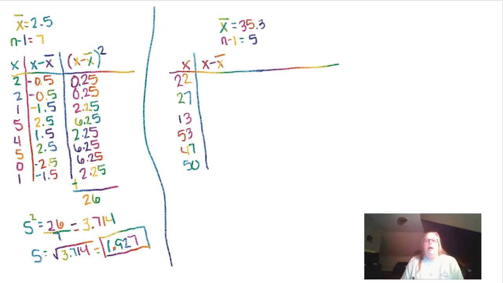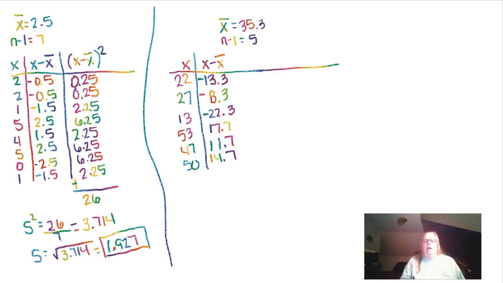Okay, you can see I have transferred over the things that we found for part B. We've got the mean for the sample to be 35.3, and we said n minus 1 was going to be 5. I've gone ahead and filled in all my data here in this first column, and then in column 2, remember we're supposed to subtract each one of these minus the mean.